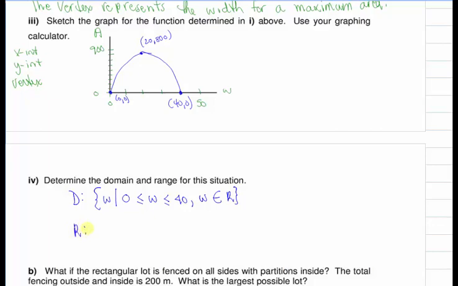And our range, if you take a look at the graph, go from 0 up to 800. Okay, so your range is area, so A, and between 0 and 800.